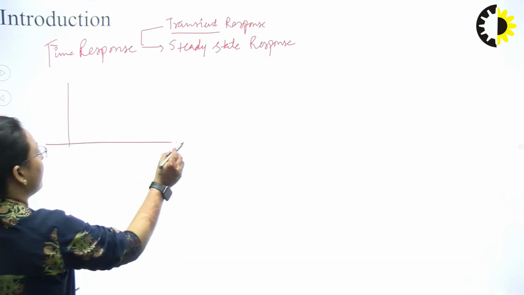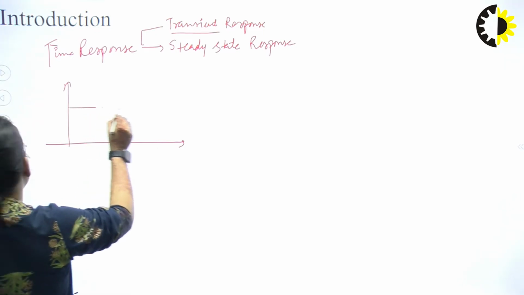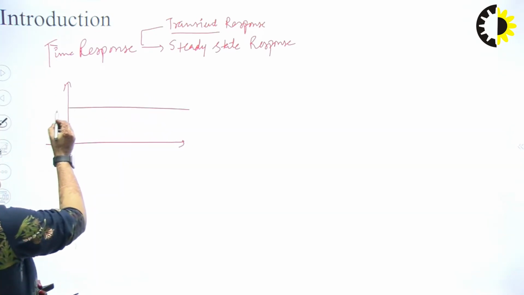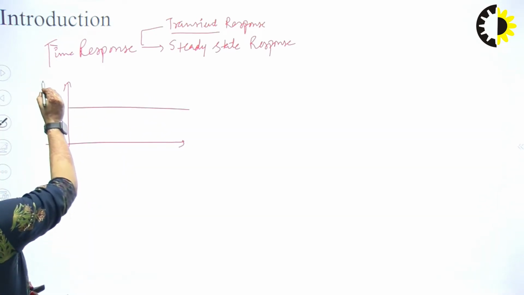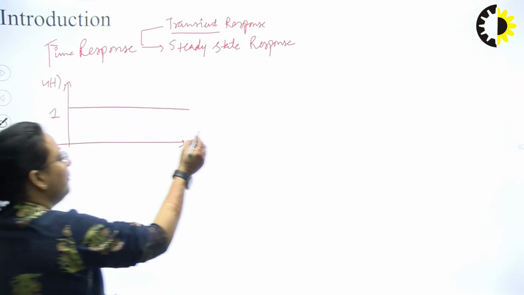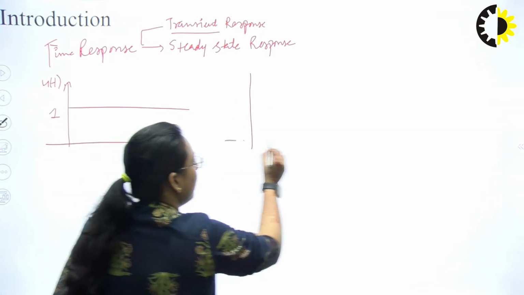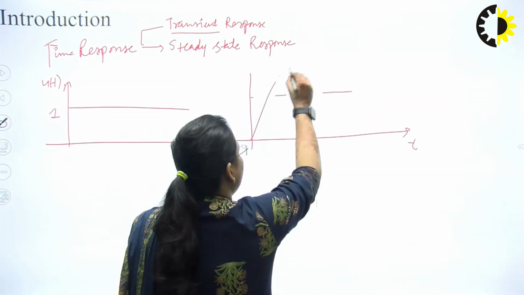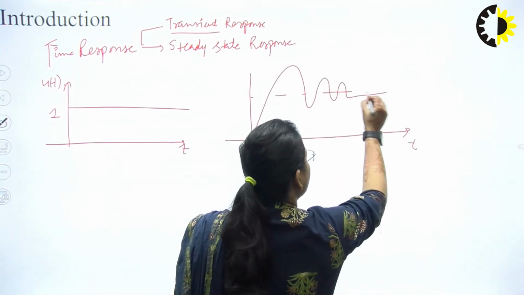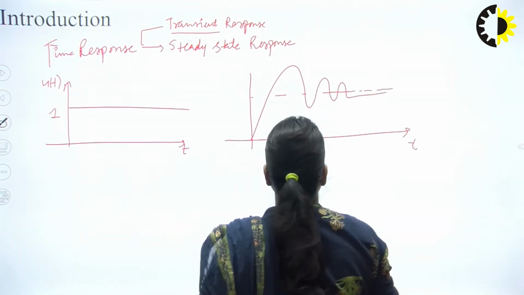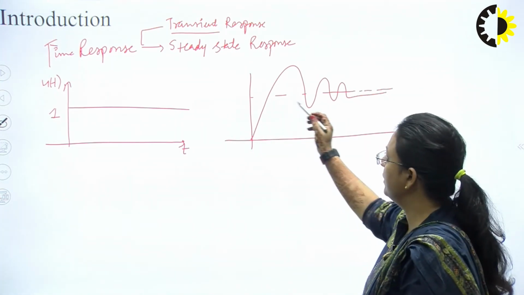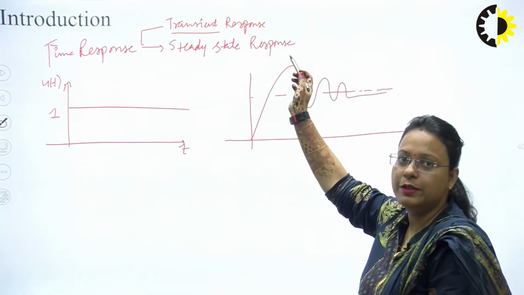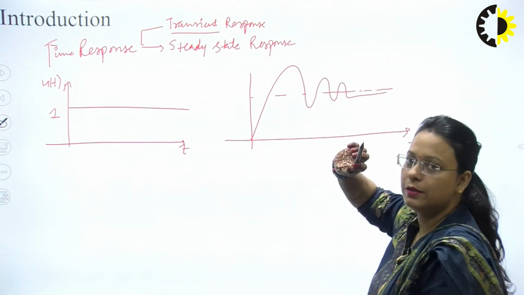Let's say I have applied the unit step input to any system, and I am getting this type of output. I am drawing here a second order system response for unit step input. This is for zeta less than 1, that is an underdamped system.